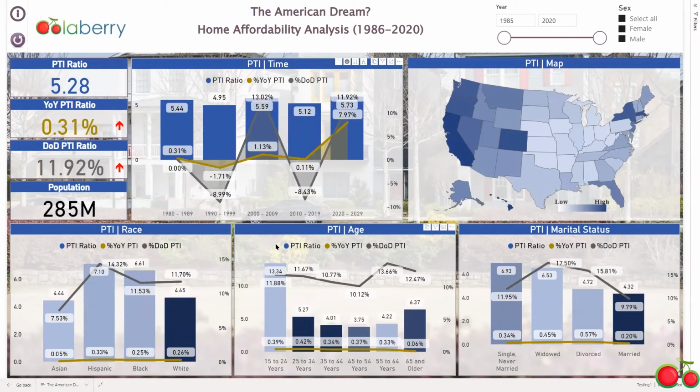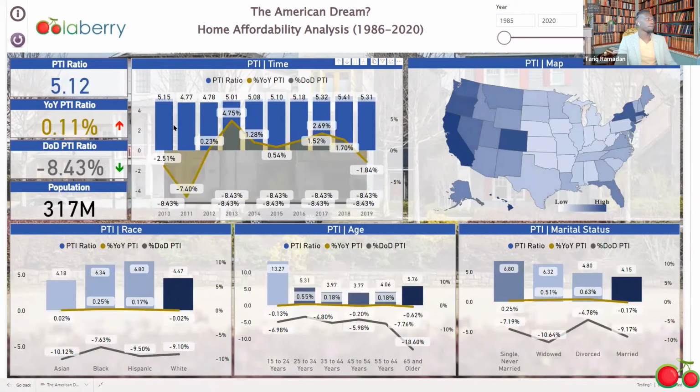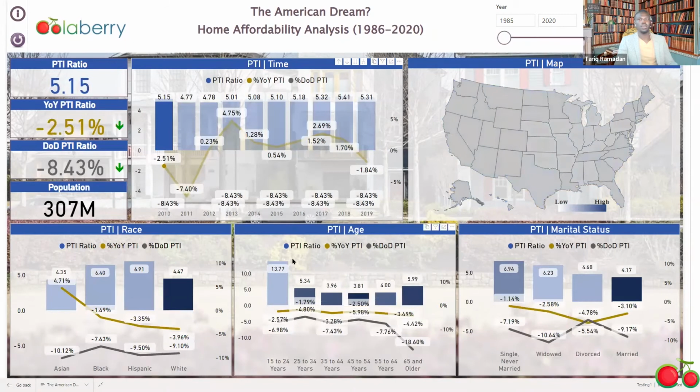So this brings us to key insights. On the negative side, Americans are working longer and harder than in the past. When we look at the age visual, since 2010 the 65 and over demographic saw the largest increase in their workforce percentage.